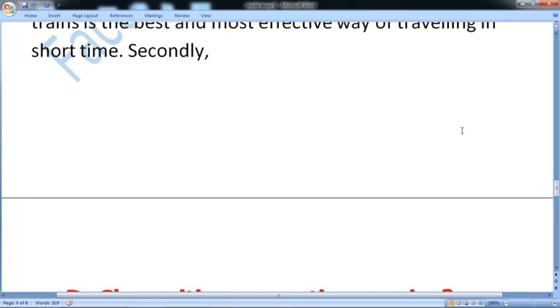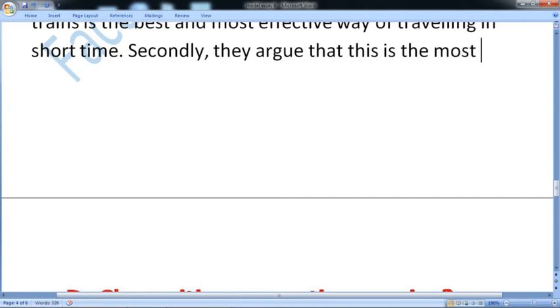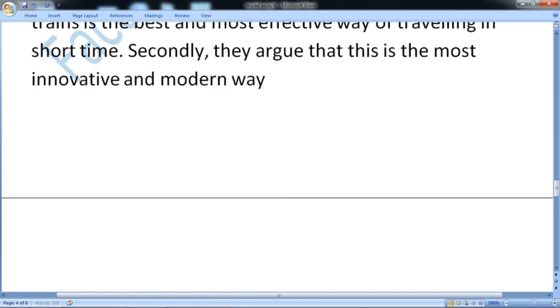Secondly, they argue that this is the most innovative and modern way of transport.